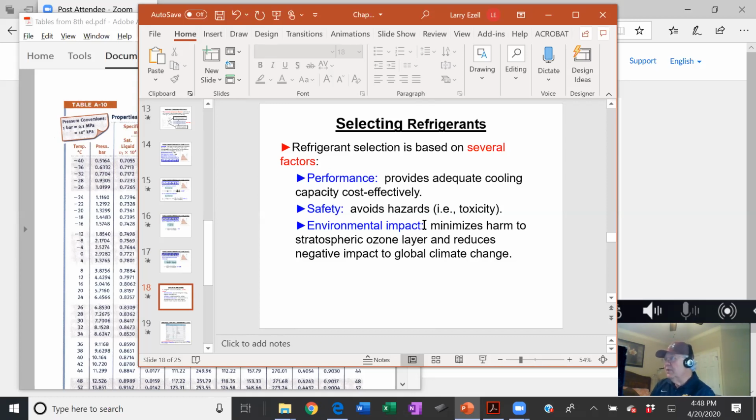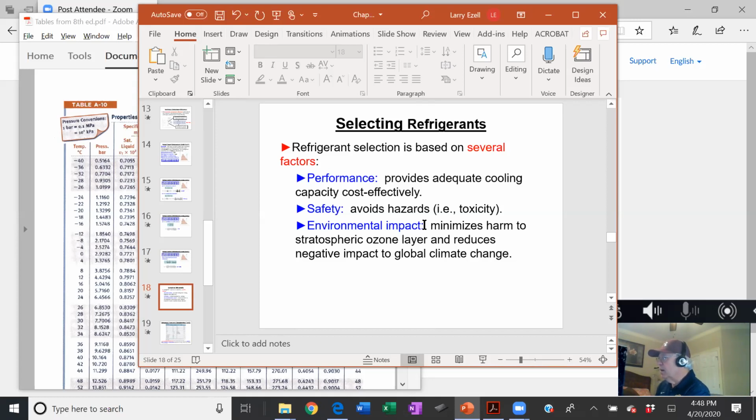But over the last 10 or 15 years, the refrigerant manufacturers have gone to R134A. Cars used to be R12, now they are R134A. Residential and commercial used to be R22, now they're R410A. And those newer refrigerants do much, much less damage to the atmosphere if they get free into the atmosphere.